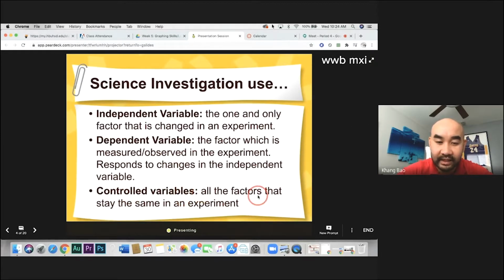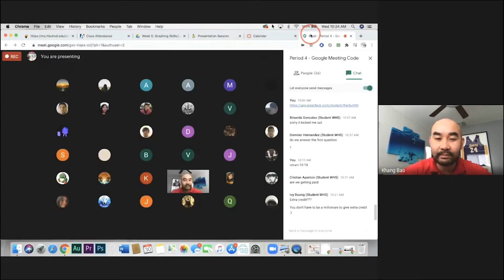And then the last thing is control variable. It means the factor that stays the same in an experiment. Thing that I keep the same in an experiment. For example, if I test to see if brushing teeth every day or not brushing teeth will have an effect with me and my friends, my control variable would be, it's the same me, right?